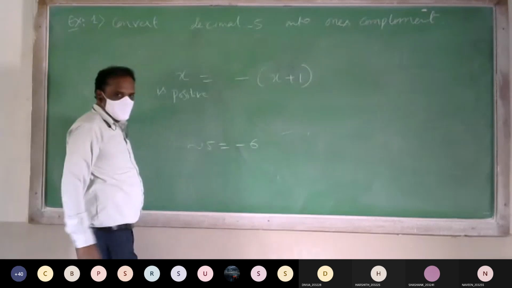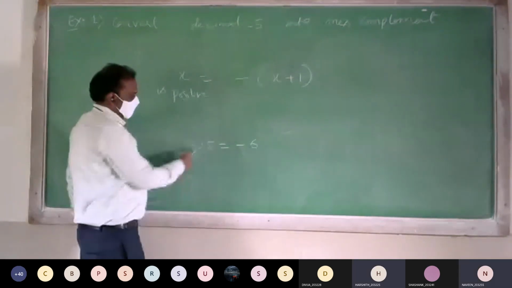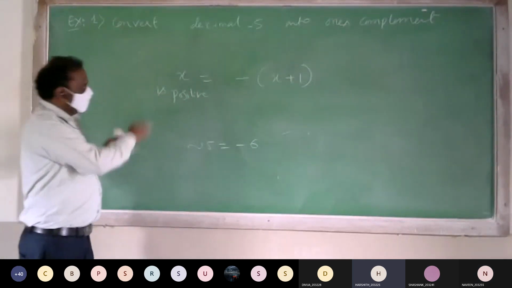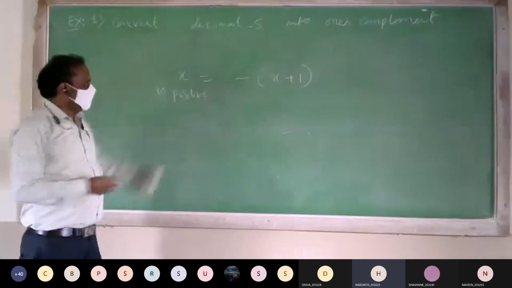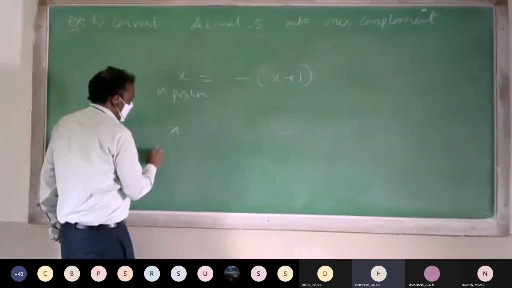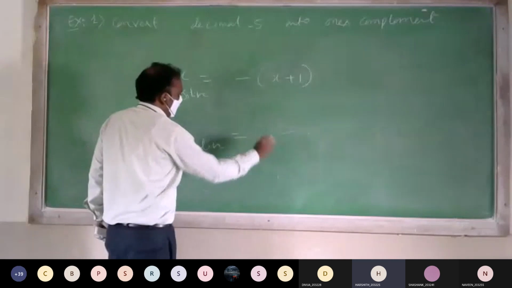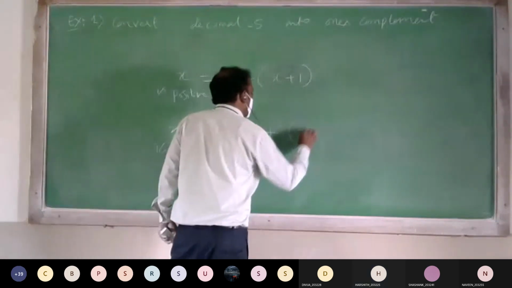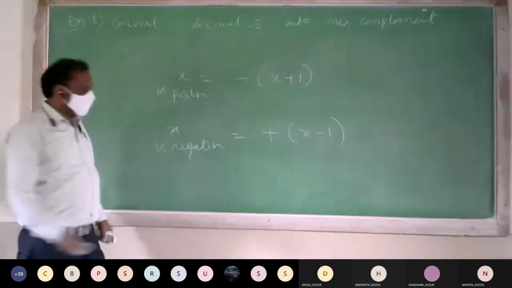Getting everybody or not? So I am writing just a formula. This is my way. Now, if x is negative, then the result will be plus of x minus 1. See the second problem.